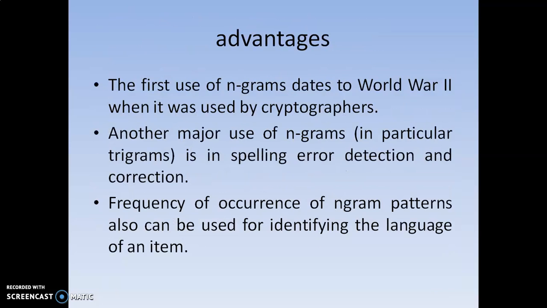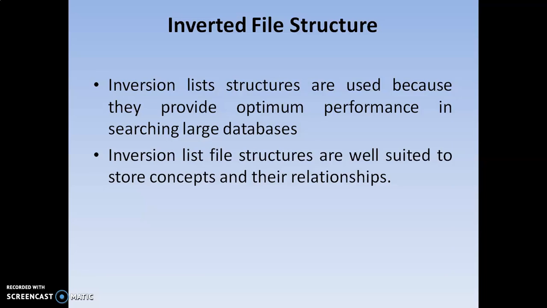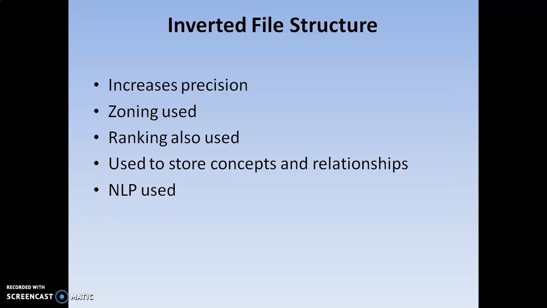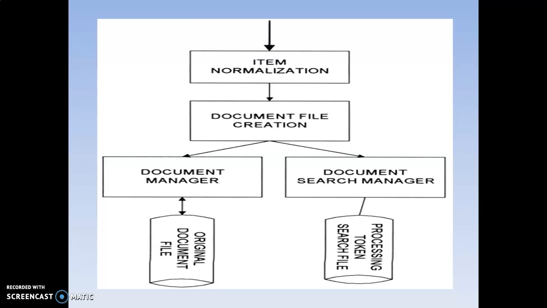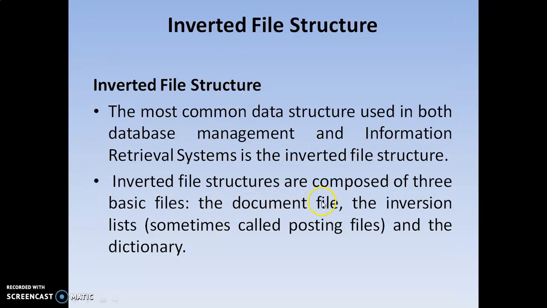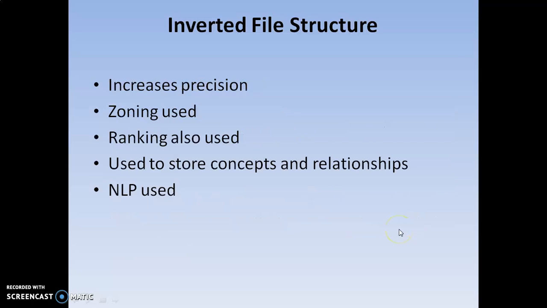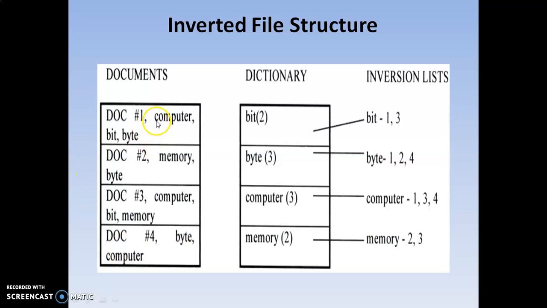Once again, we see what are the things we completed now. Here we completed the first one, inverted file structure. It maintains 3 files: document, dictionary, and inversion lists. In this, we have seen the inverted structure composed of 3 basic files: document file, inversion list, and the dictionary. Document contains the collection of the words, dictionary contains the collection of the words, and inversion list contains the collection of the words and where they appear.